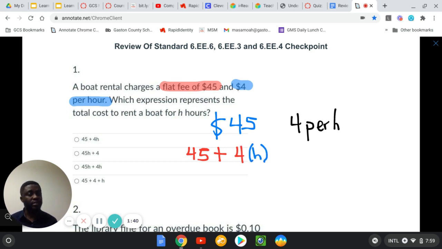If you use it for 1 hour, you pay $4 plus 45, which will be $49. But if you want 2 hours, you multiply 2 by 4. So our answer will be this. Question number 2.